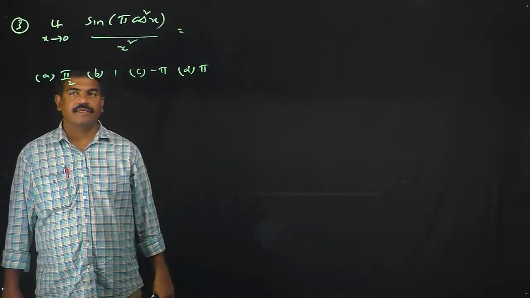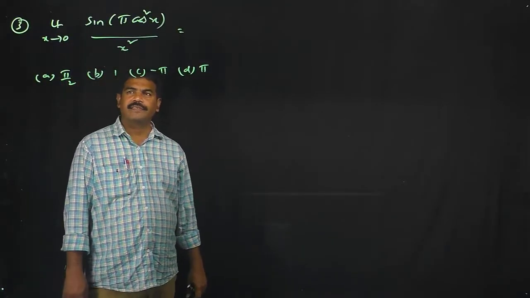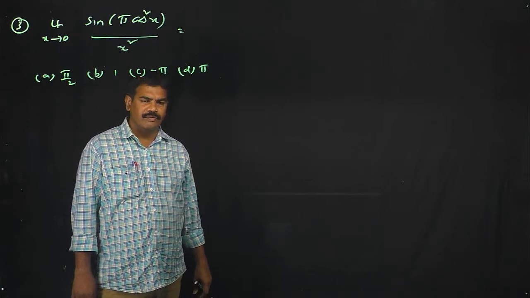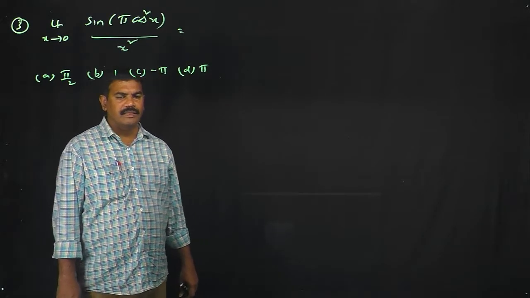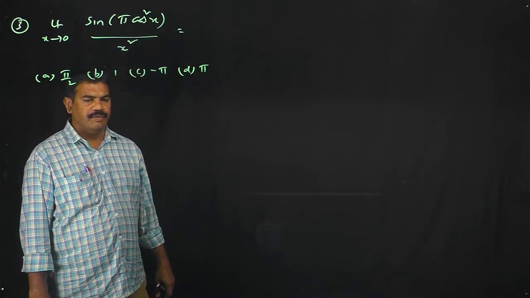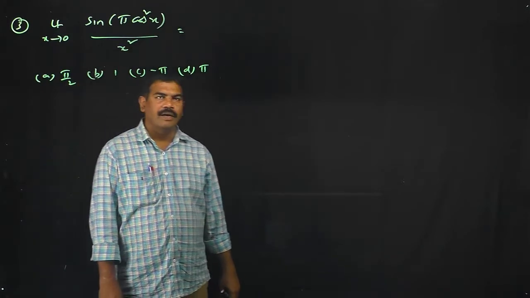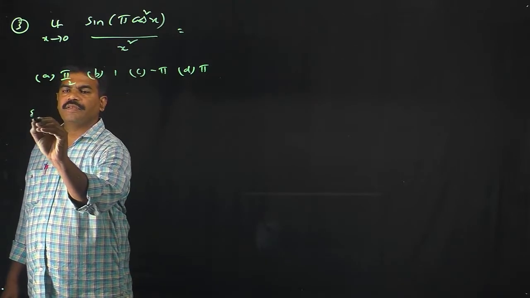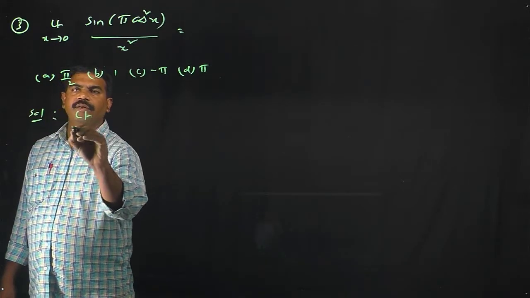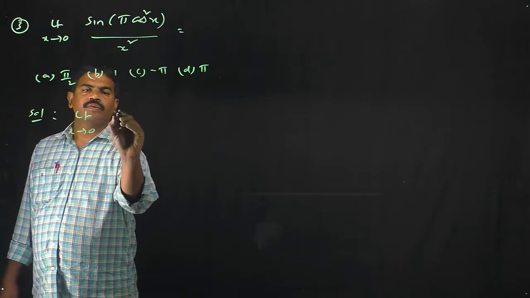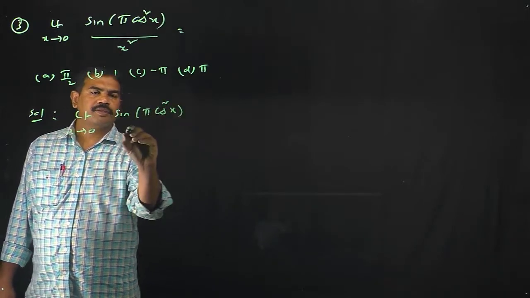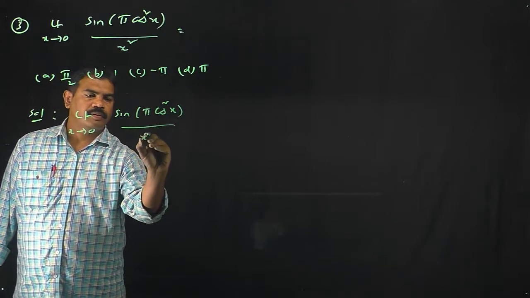Dear students, see another problem: the limit as x tends to 0 of sin of (pi cos square x) by x square equals. The given options are A pi by 2, B 1, C minus pi and D pi. Now take the given problem: limit as x tends to 0 of sin of (pi cos square x) by x square.